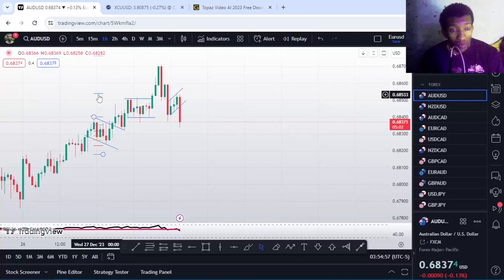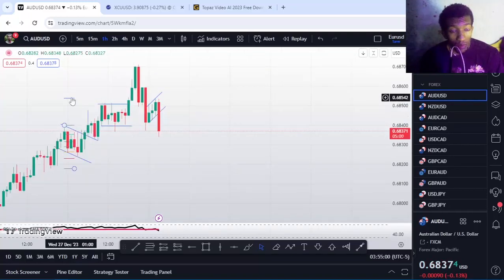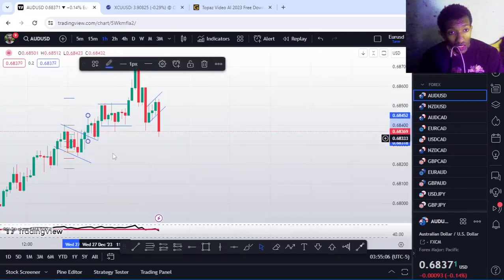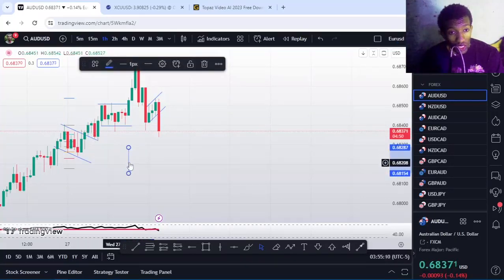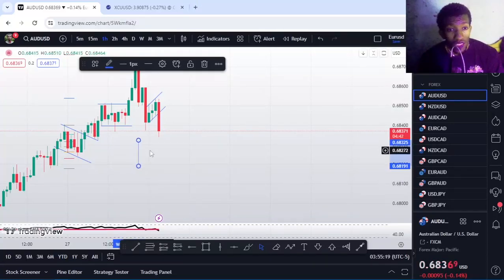It's a very high probability take profit area, and especially this one, the height of the consolidation, is the most trusted TP.